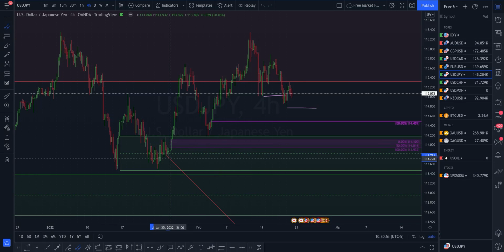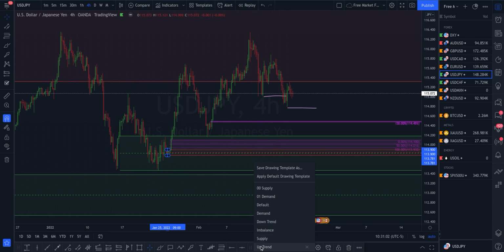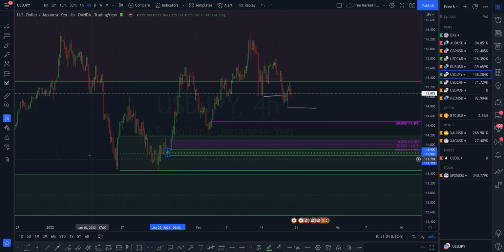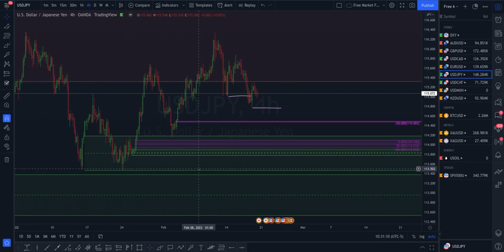We've had imbalance in the institutional demand. We have an unmitigated 4-hour demand. Okay. All right, so we could see that being filled and then pushed up from there. We do have this demand here that has been unmitigated as well.